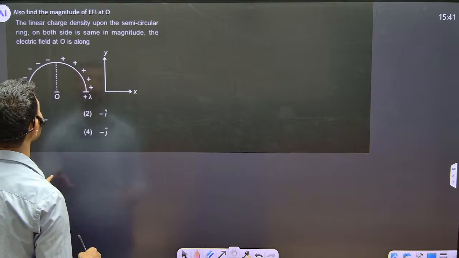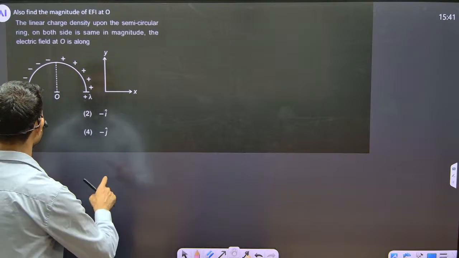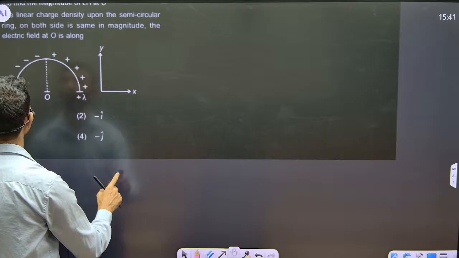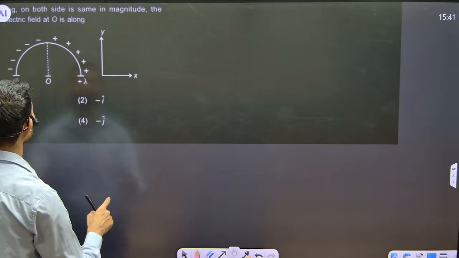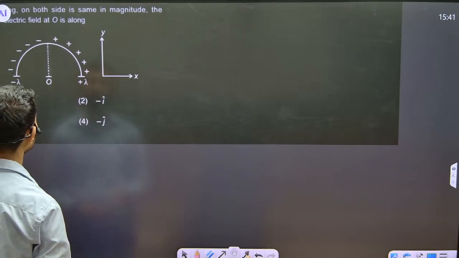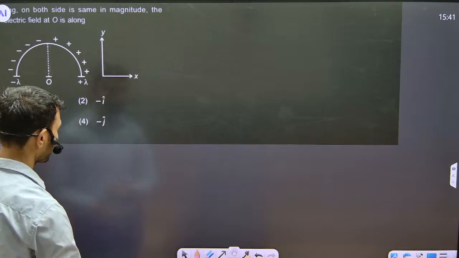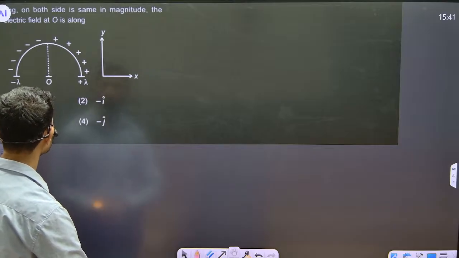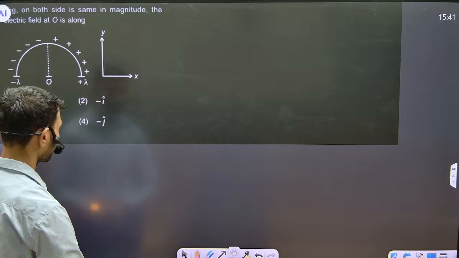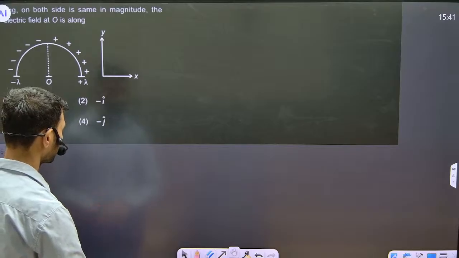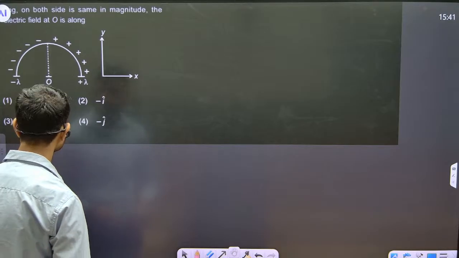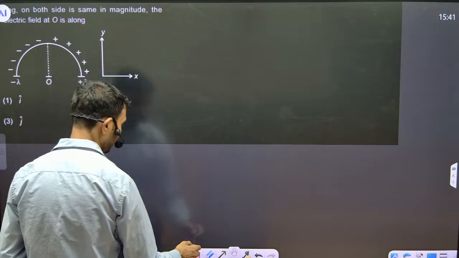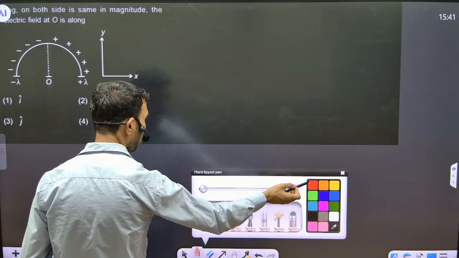So electric field at point O, how do you do that? We see that there are two types of charges here.